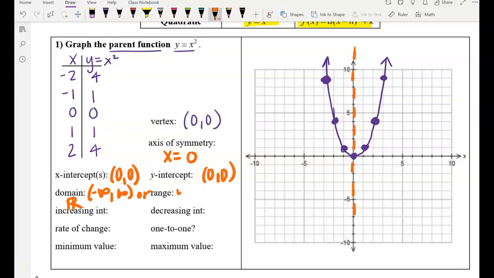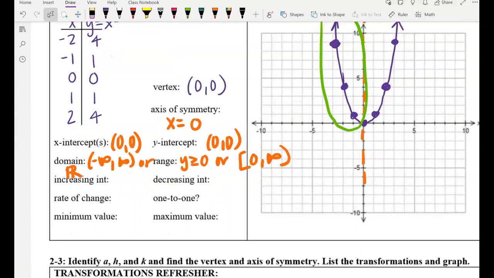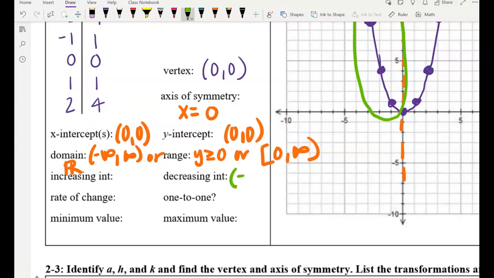The range is going to be y is bigger than or equal to 0, or if you like interval notation, 0 to infinity. We do have a decreasing and increasing interval. So on this side, students, this right here is going to be decreasing interval, and that's going to be from -infinity to 0.